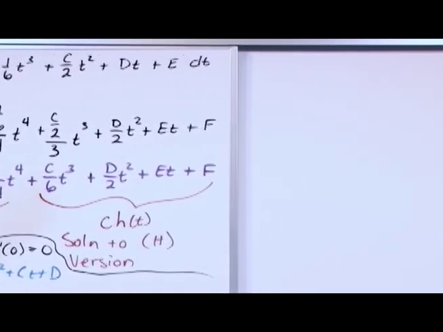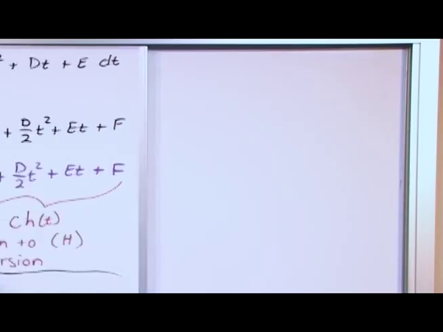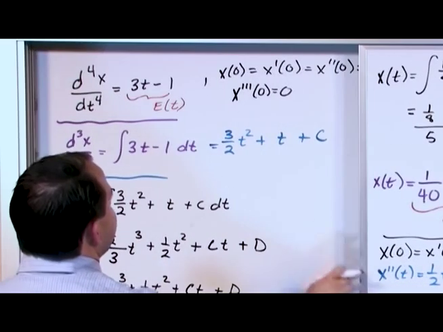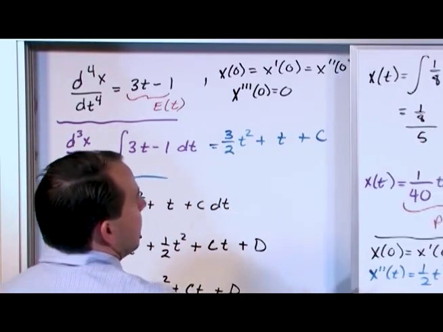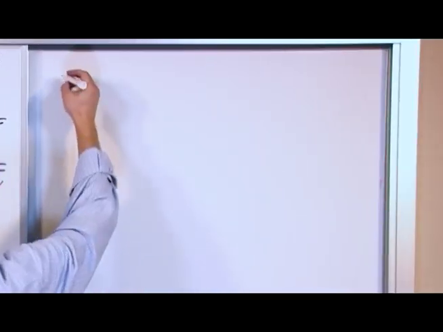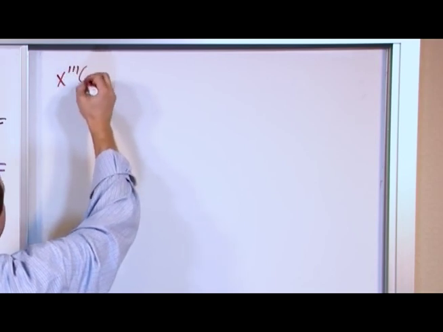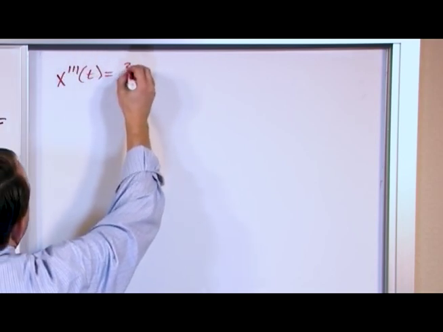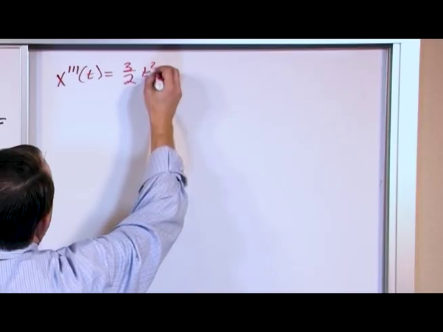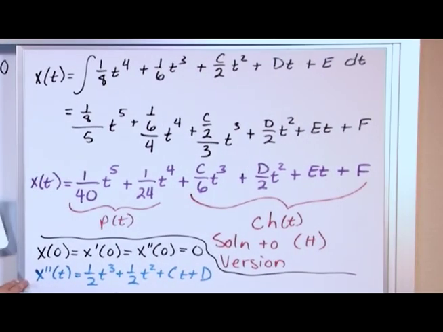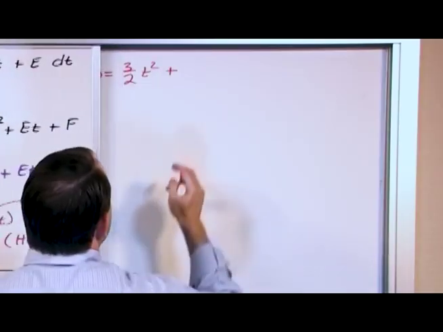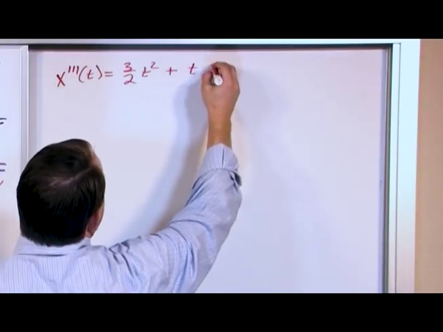So let's go over here and rewrite that as follows. We need to find the third derivative. The third derivative, x triple prime of t, is equal to 3/2 t squared plus t plus c.